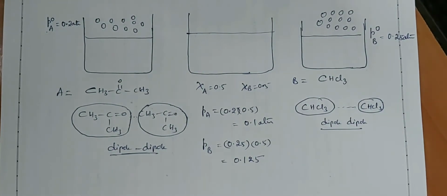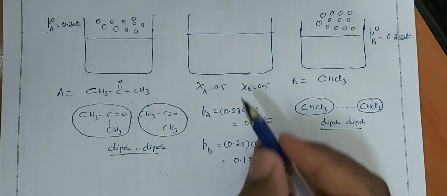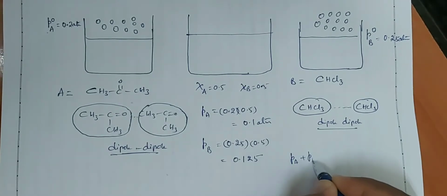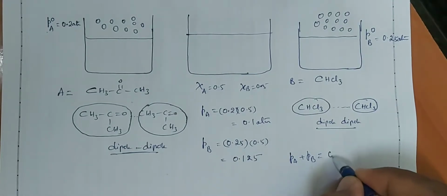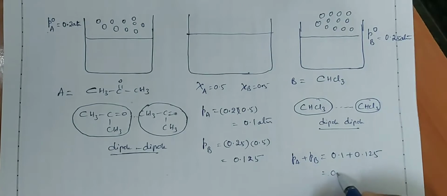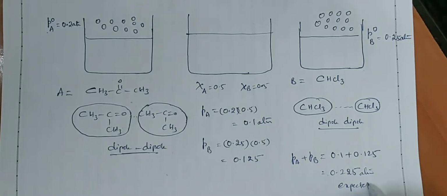Pb is equal to 0.125, Pa is equal to 0.1. Then according to our calculation, Pa plus Pb is equal to 0.1 plus 0.125 is equal to 0.225 atmospheres. This is our expected value.